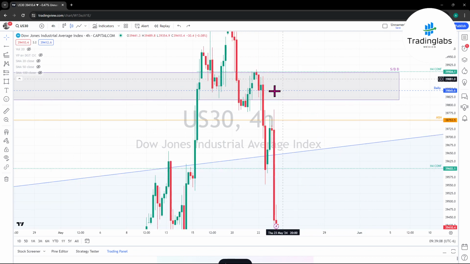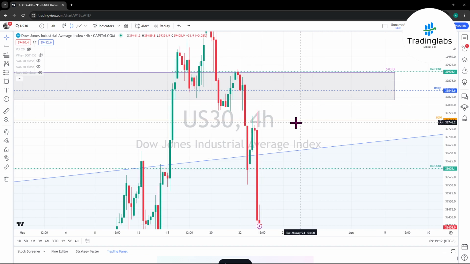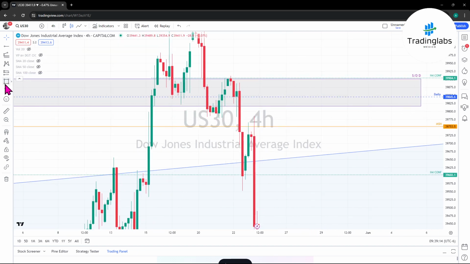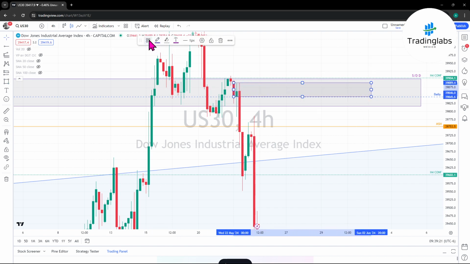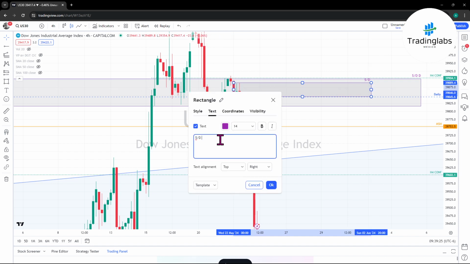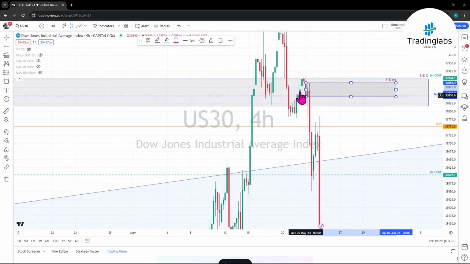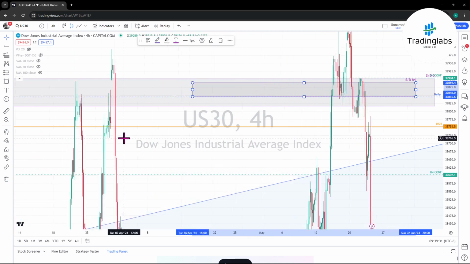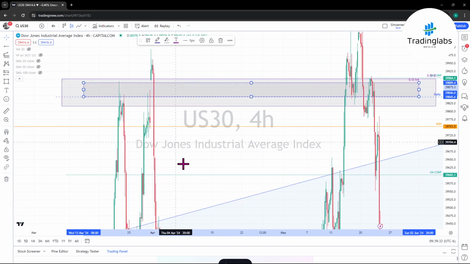You know that this zone, from this price level to this price level, is a supply zone. Also on H4, I put it here. I know that this is my supply zone of H4.